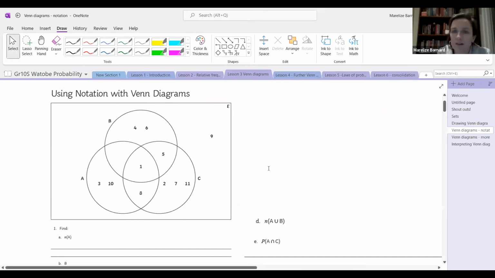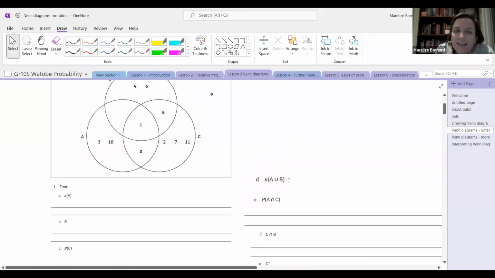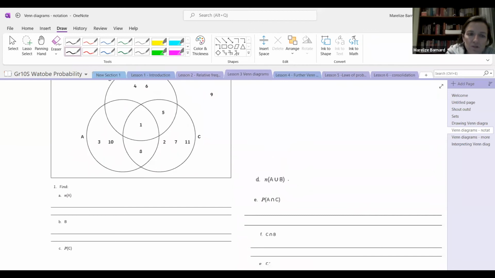Nice, Lutemba, the sample space of A, all on the right track, guys, but it actually just means how many elements are in A. So write that down for yourself if you don't know. So n of A just means how many elements in A. And how many elements have we got in A?